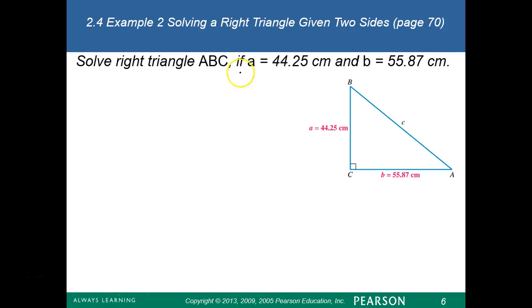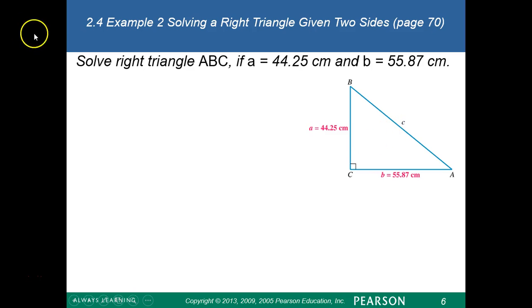All right, here's another example. In this one, we are given a right triangle that has two sides given. The previous one had a side and an angle given. So we need to solve this one in a different way than we did the previous one. If you're given two sides to start with, the third side can easily be found with the Pythagorean theorem.